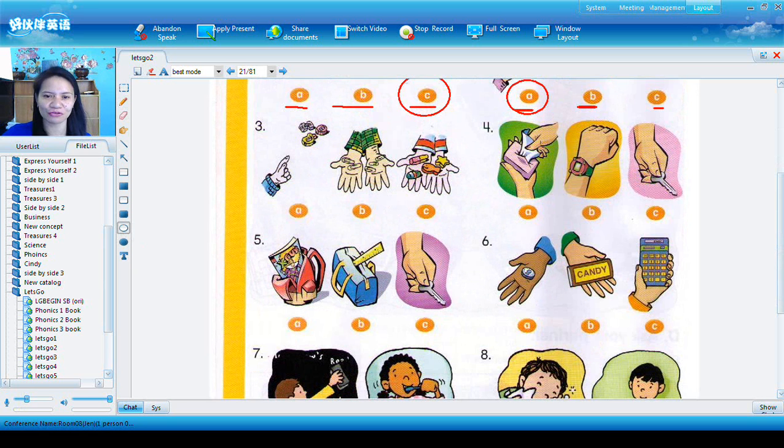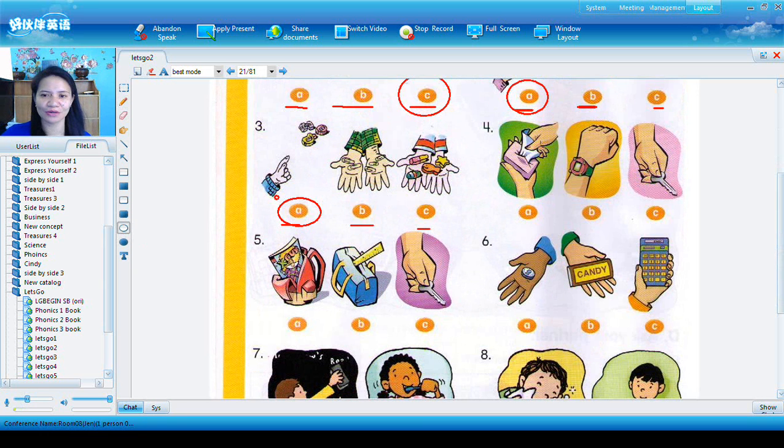Now look at picture number 3. Which picture shows those are pencil sharpeners? A, B, or C? Those are pencil sharpeners. Yes, it's letter A. Now look at picture number 4.